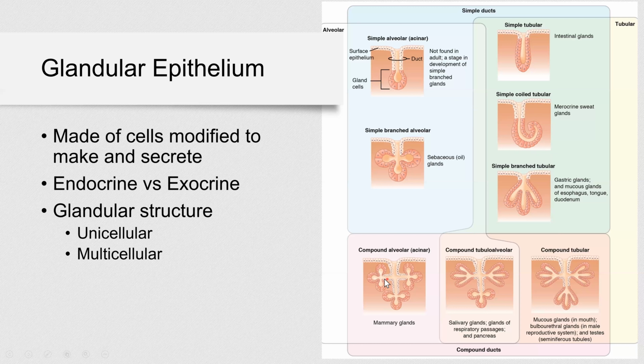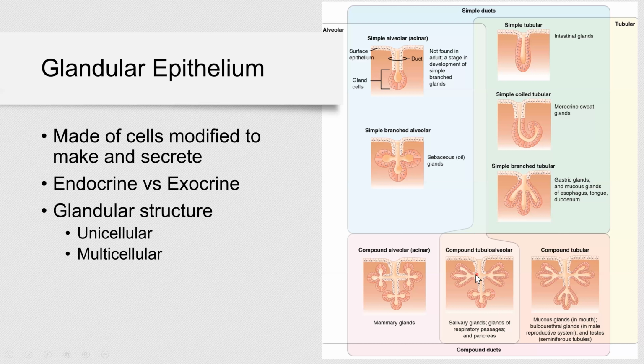Now, if we have a duct that is branching duct, it will be compound. So this one, compound alveolar. Another name for alveolar is acinar. So you see, this is the duct. These three ducts come together to make one single duct, right? So it's compound, and a secretory unit is alveolar.